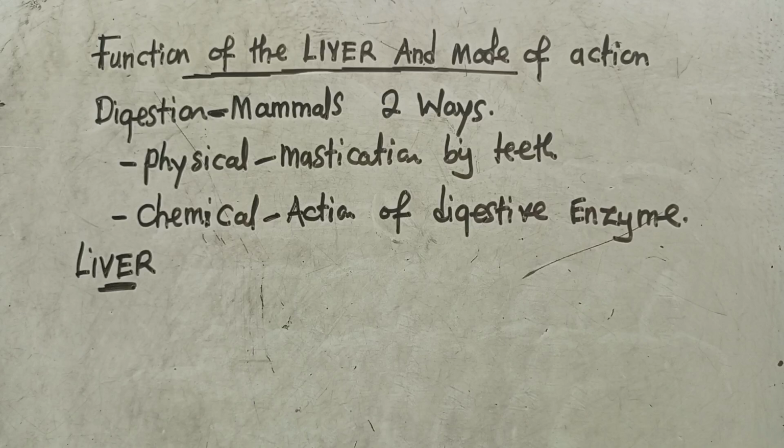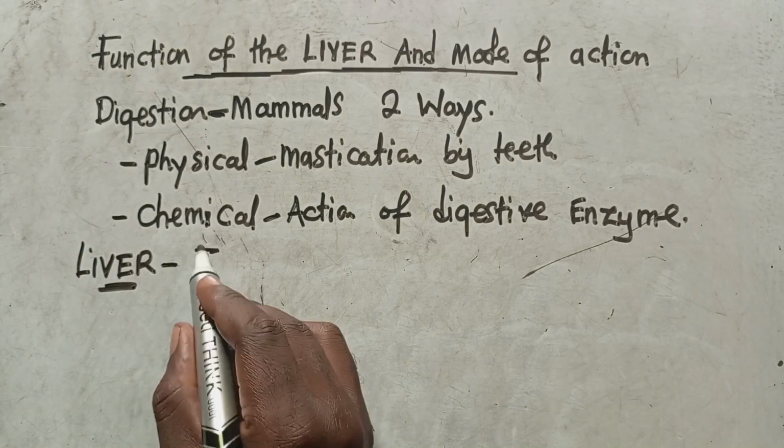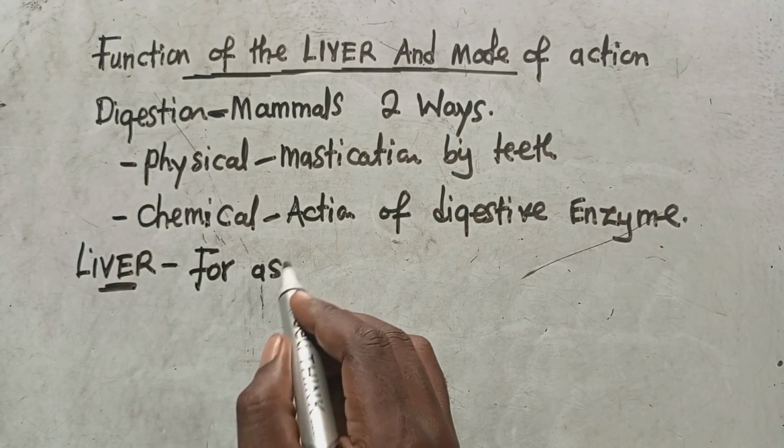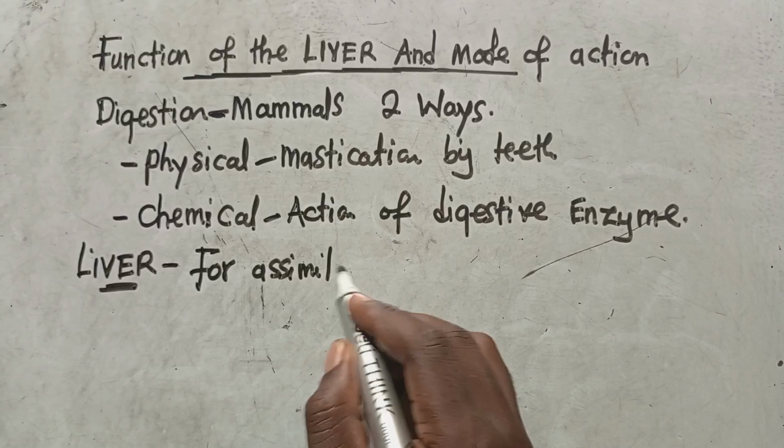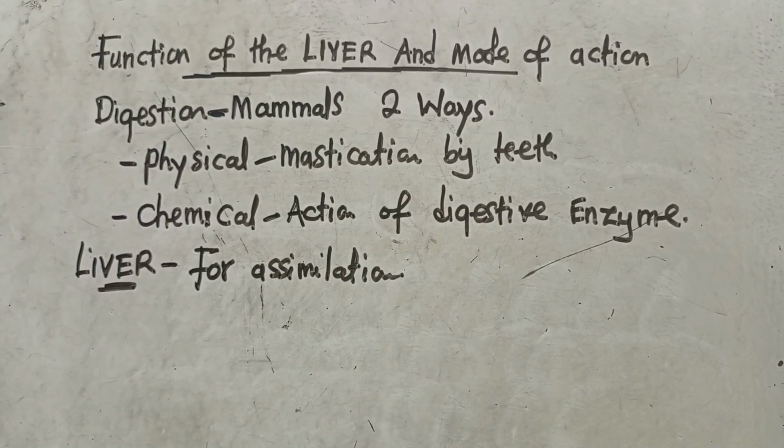Food substances absorbed in the capillaries in the villi move to the liver for assimilation. This is what I want you to understand.